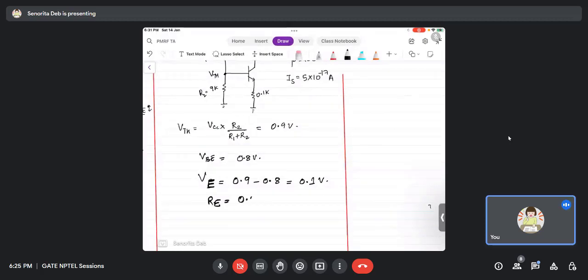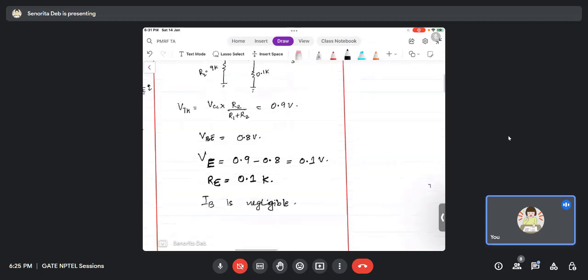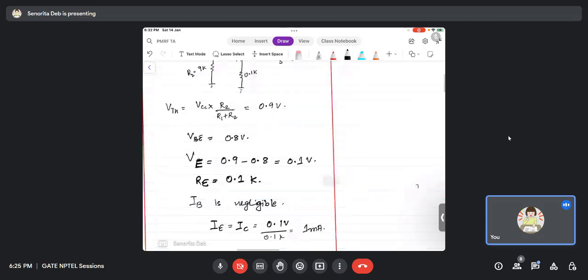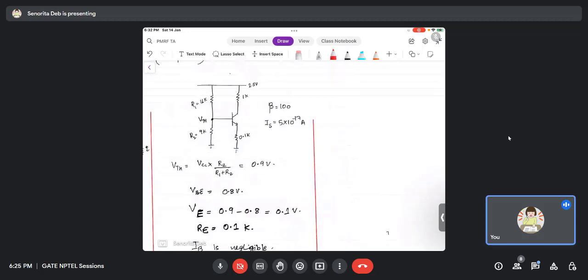IB is negligible. Okay, and VE and RE you have. So IE equals to IC will be nothing but 0.1 volt by 0.1 K, 1 milliampere. First part. So I should have annotated it, but I took for granted that you must have known.